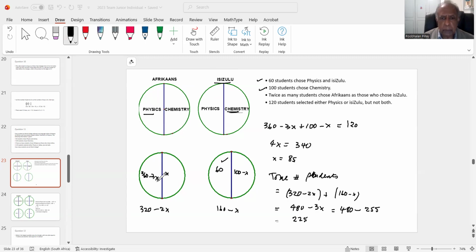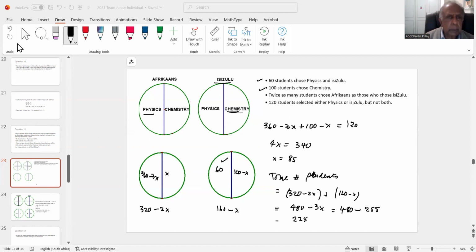And that gives you 360 minus 3x plus 100 minus x. That's 460 minus 4x. All right. Somehow, let me just see what the answer is. According to this, my answer is 225.